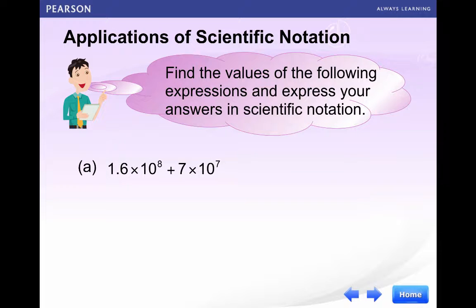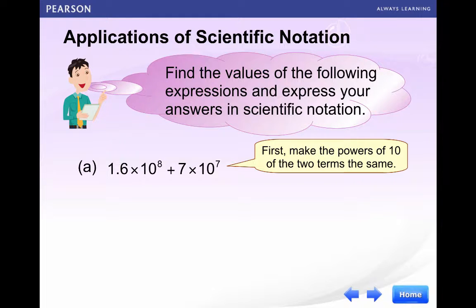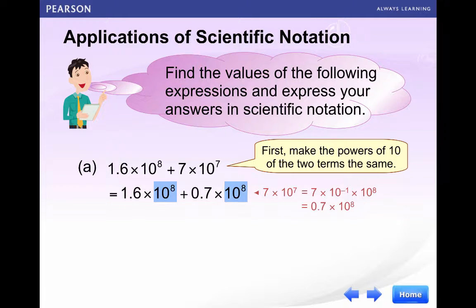For part A, 1.6 times 10 to the power 8 plus 7 times 10 to the power 7. First of all, we want to make sure they have the same factor. What does it mean? We can make the powers of 10 the same. Say we change 7 into 0.7 so that 10 to the power 7 becomes 10 to the power 8.